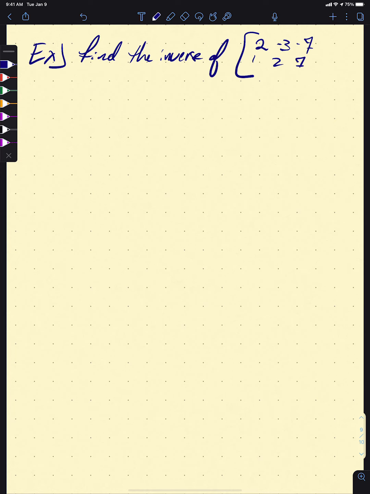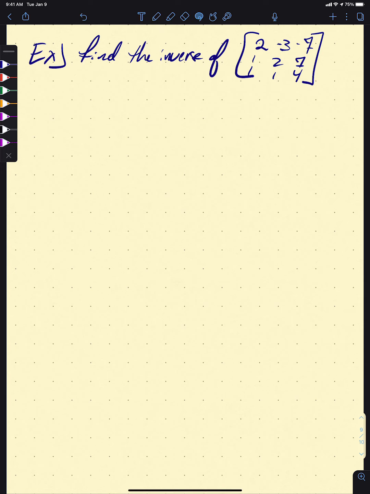So when we do this, this is what we're going to look for, okay? We're going to find the inverse of, let's say, the matrix with rows 2, -3, -7; 1, 2, 7; and 1, 1, 4, okay?